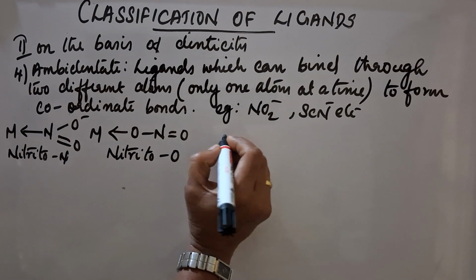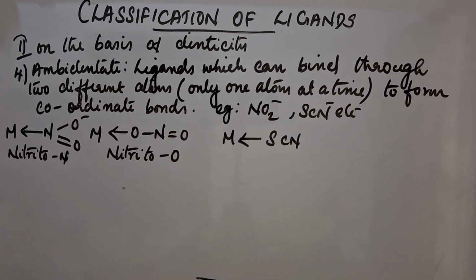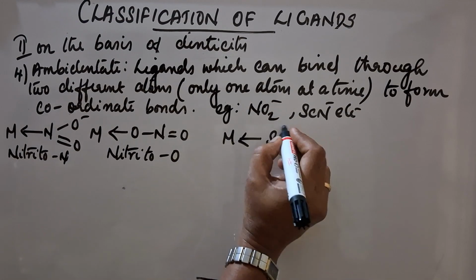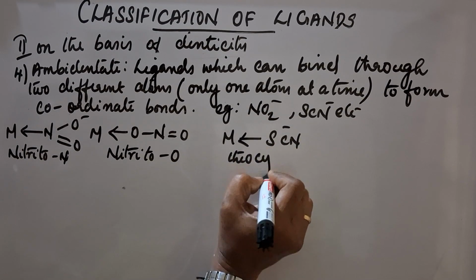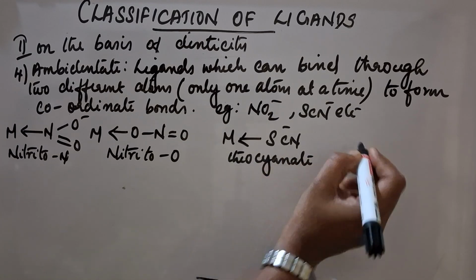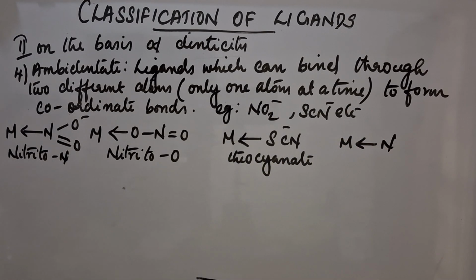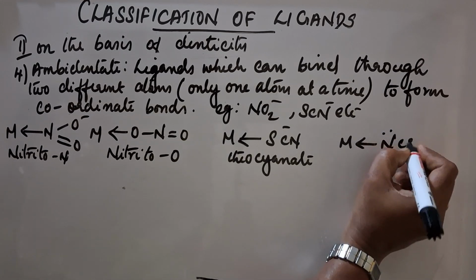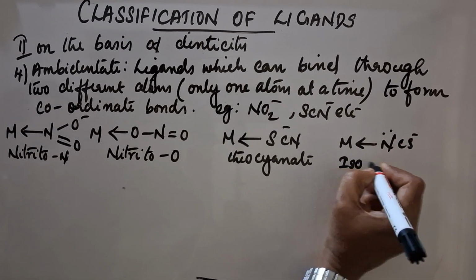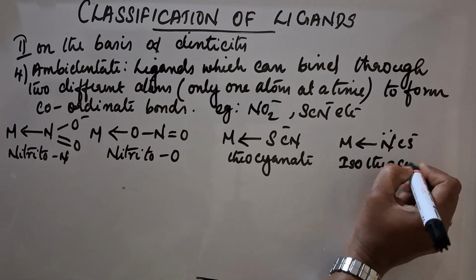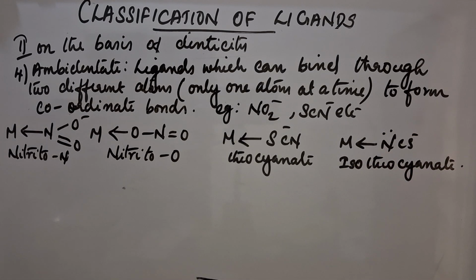Similarly, in SCN, through the S atom, this is thiocyanate, and through the nitrogen atom, this is isothiocyanate. These are the examples.